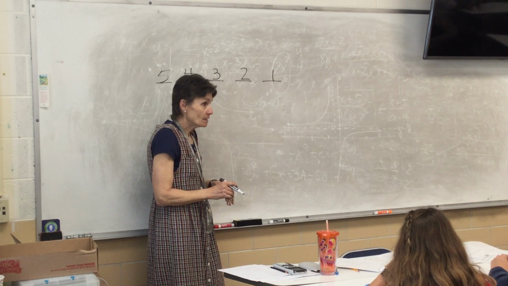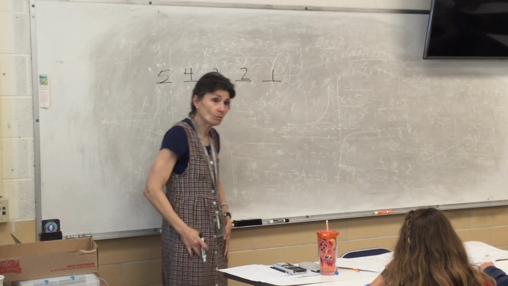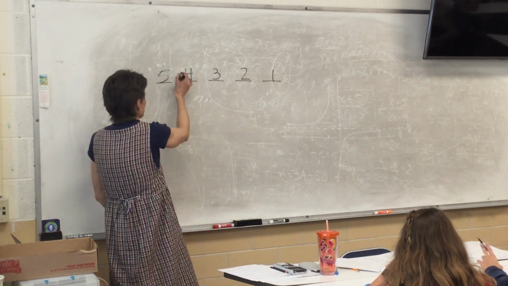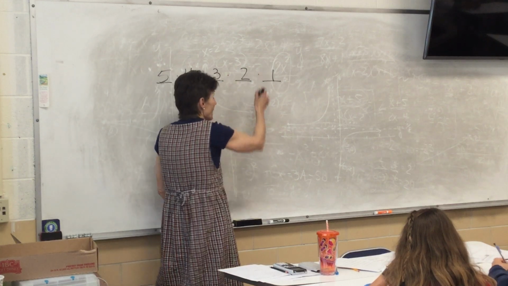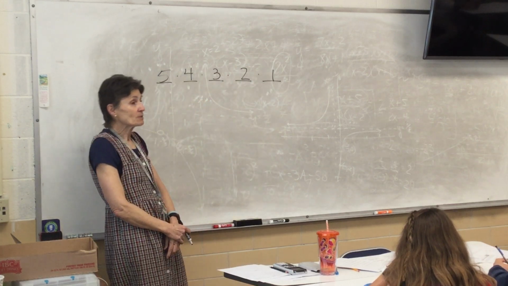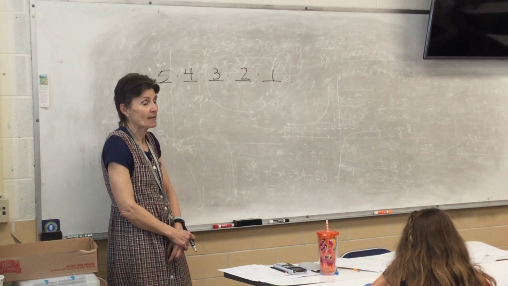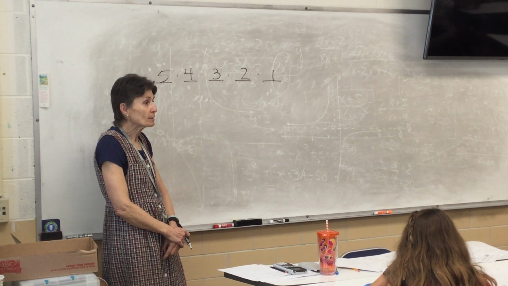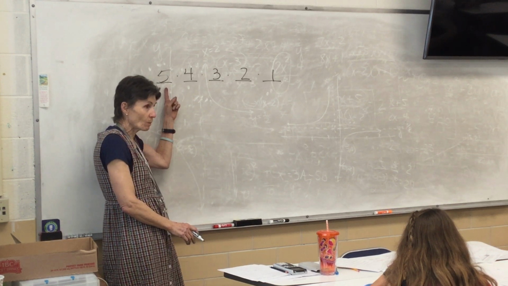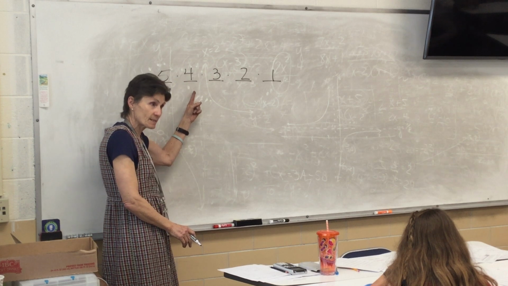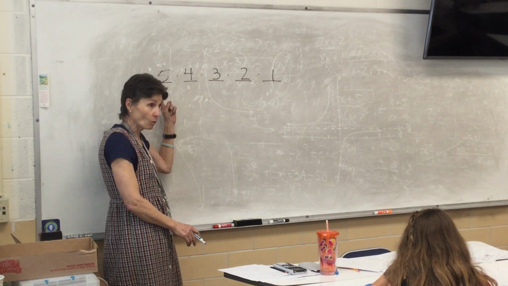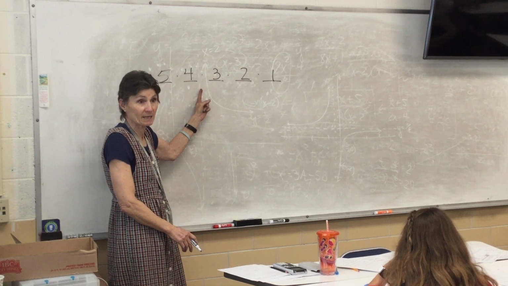Right? Now, what do I do with these numbers? I multiply them together. The fundamental counting principle says that if you can pick one thing this many ways and another thing this many ways, the total ways you can pick is a multiplication.